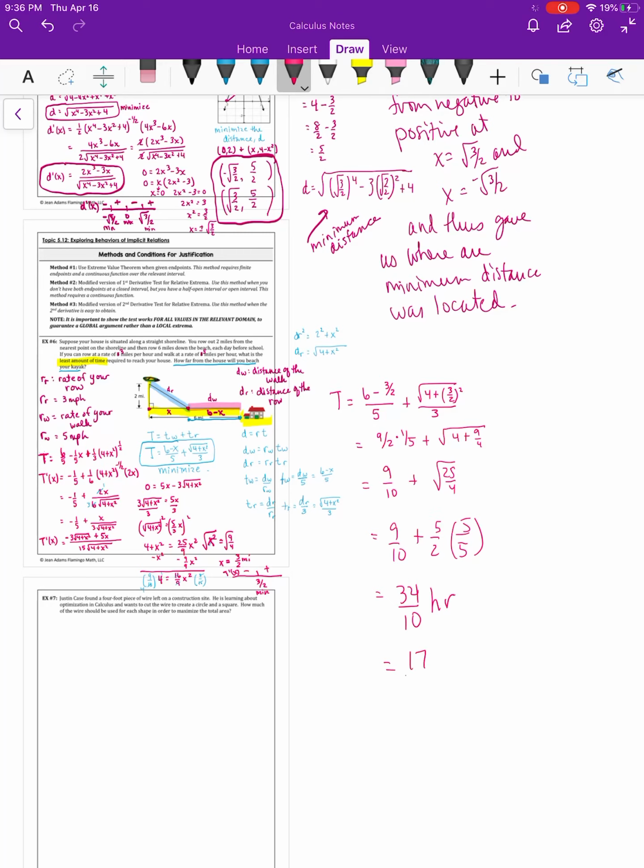That's going to be miles per hour, so that's going to be hours. So 17/5 of an hour.